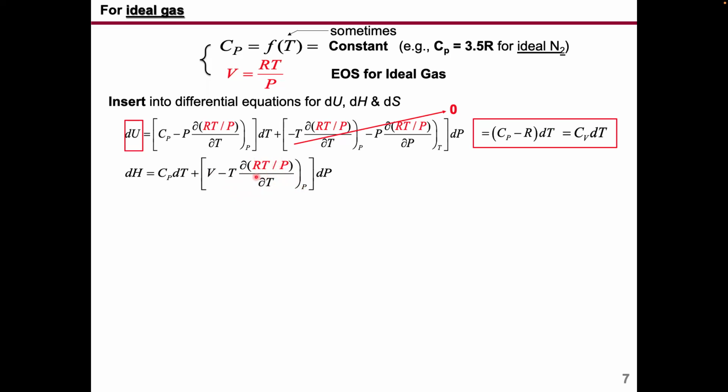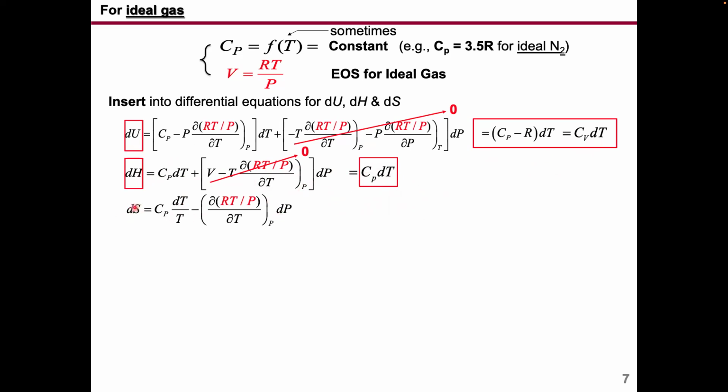So R divided by P times T, RT divided by P is V. V minus V cancel. So basically in the end, dH is also just equal to Cp dT. So these are actually the definition of these heat capacities, if you still remember. All right. So dH is equal to Cp dT, dU is equal to Cv dT.